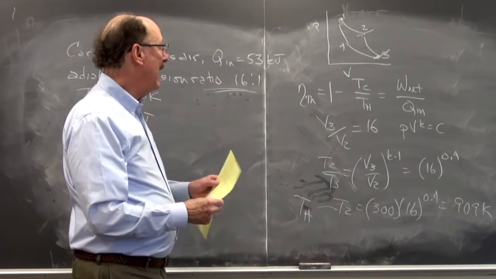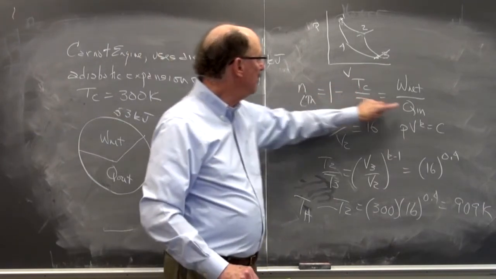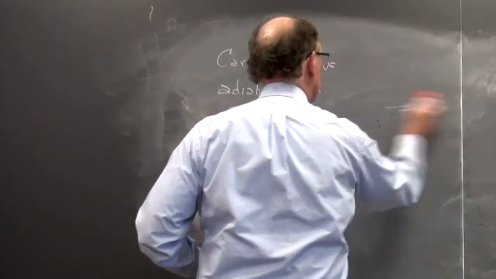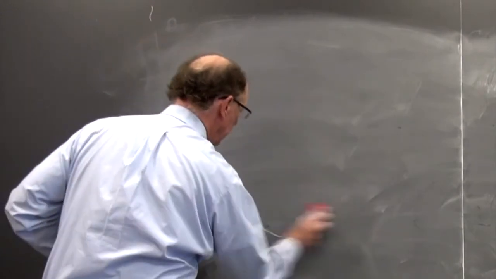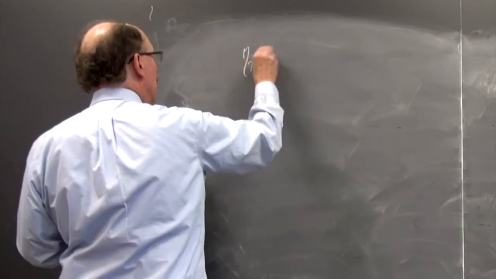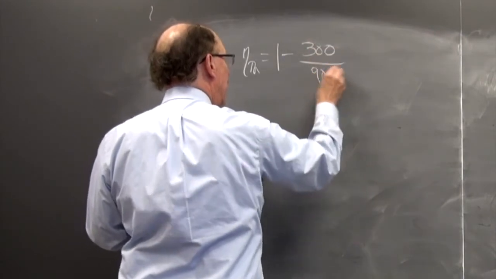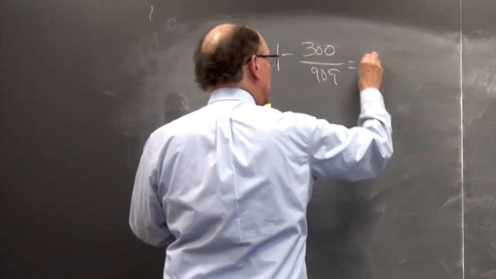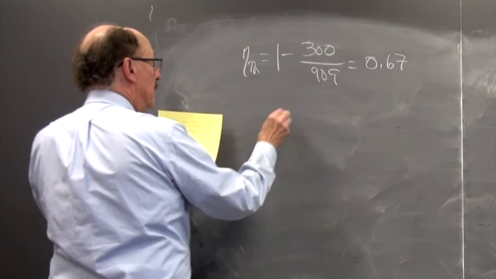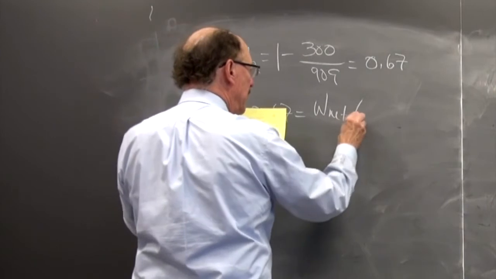So now in this equation I have TH and TC, so I can find the thermal efficiency. Knowing the thermal efficiency and Q in, I can find W net. So the thermal efficiency is 1 minus 300 over 909, which is 0.67, and 0.67 is equal to W net over 53.